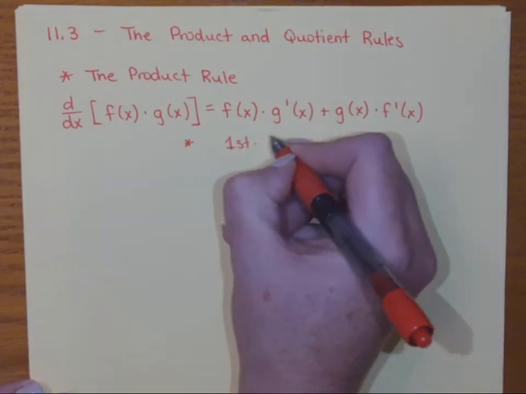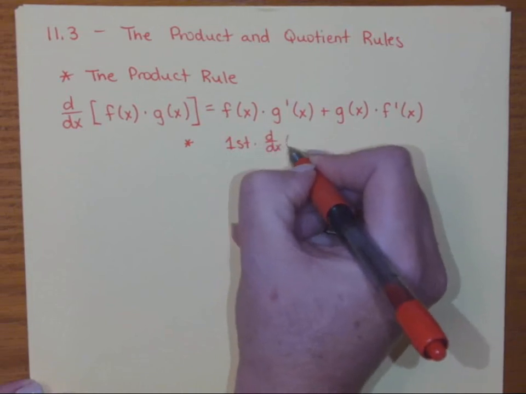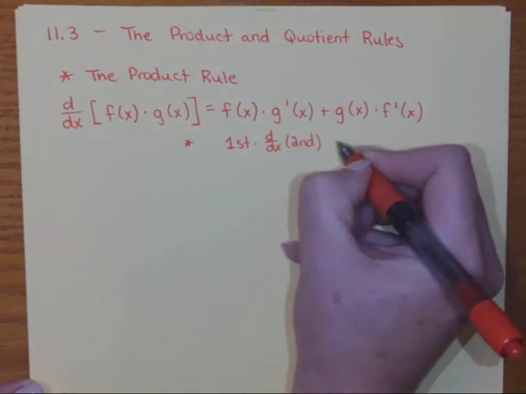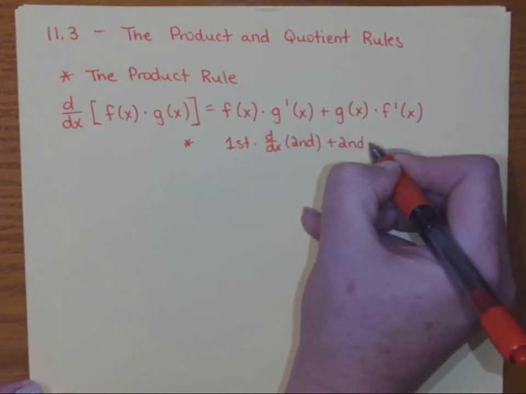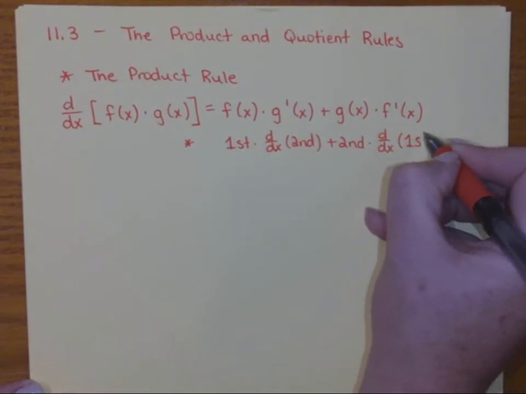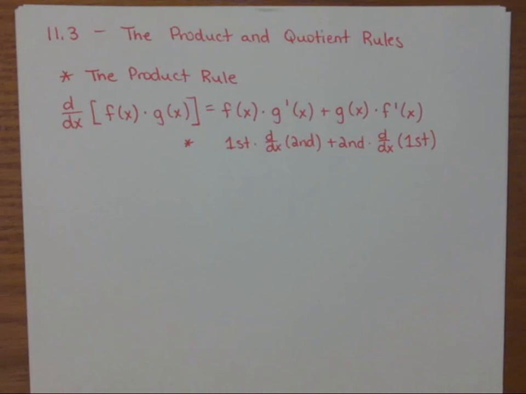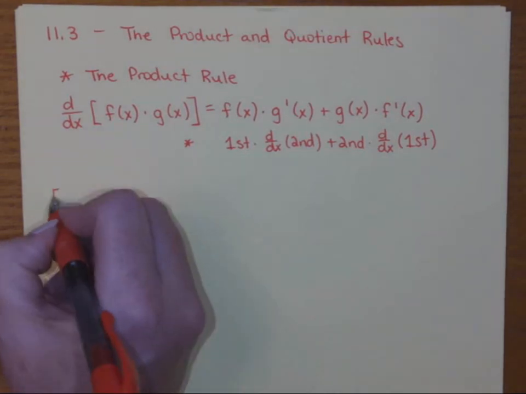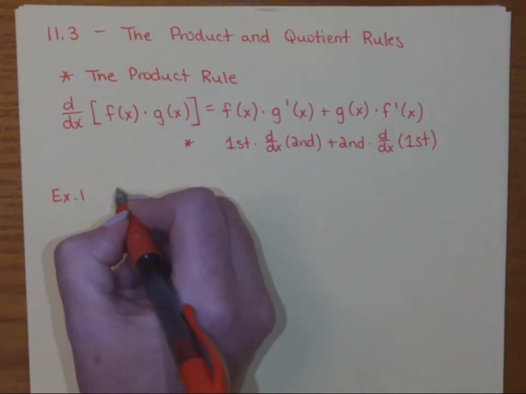It's first times derivative of the second plus second times derivative of the first, rather than trying to remember this F and G notation. It can often be a lot easier to just remember the words.